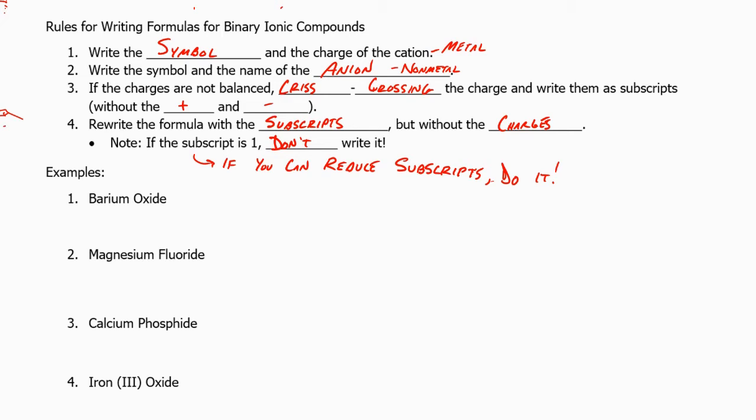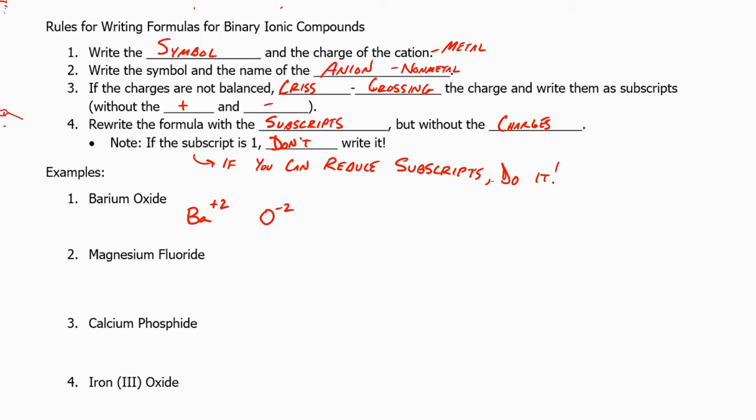All right, let's look at our first example here. We have barium oxide. We look at the periodic table and find the symbol for barium, which happens to be Ba, and it has a +2 charge. Then we do the same thing for oxygen. Since it's oxide, that means it's oxygen, and oxygen is in the column that has a -2 charge.